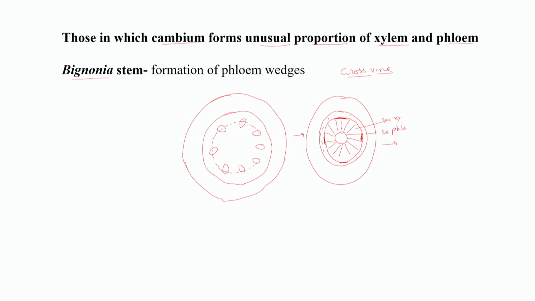So in Bignonia, at four corners, generally diagonally opposite to each other, what will happen when this cambium behaves like this?